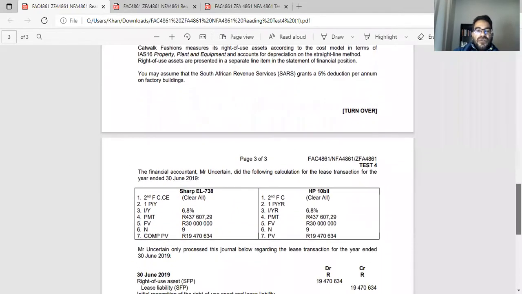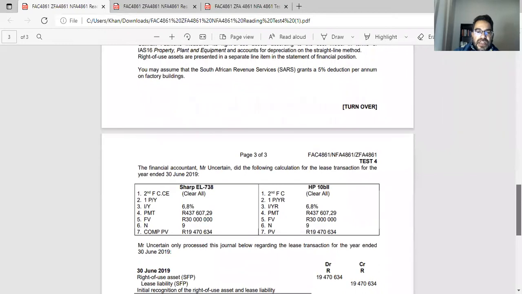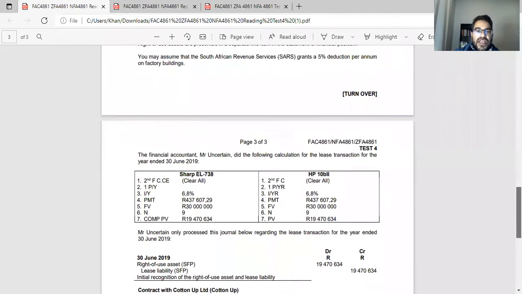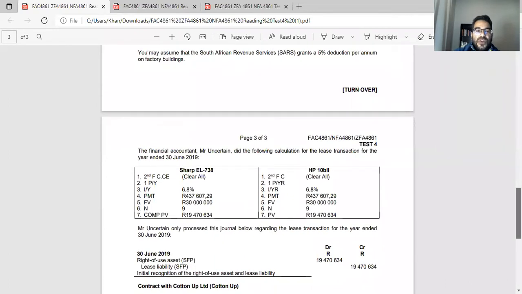The financial accountant, Mr. Uncertain, did the following calculation for the lease transaction for the year ended 30th June 2019. Remember, at inception is 1 July 2018. So this is basically what he did at initial recognition.